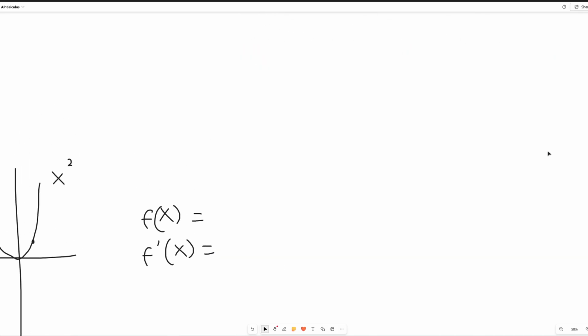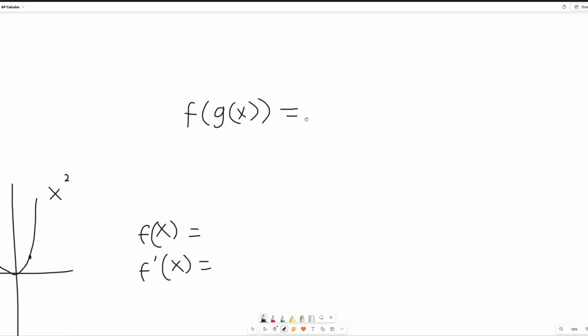So, finally, we have the chain rule, which is probably the most important one other than the power rule. So, if you have a function inside of a function, how would you solve this? So, what does a function inside of a function even look like?